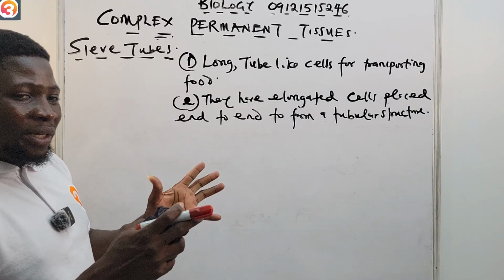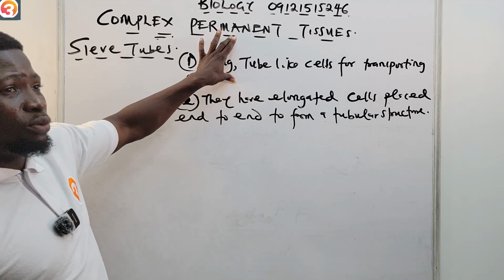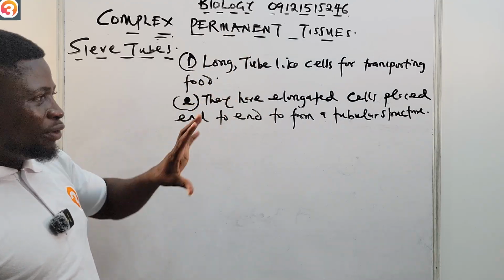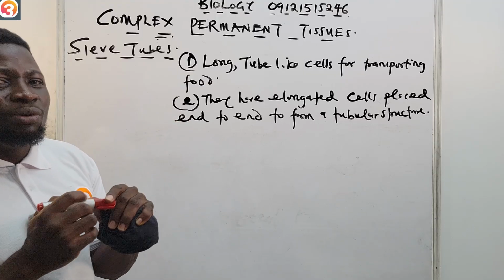Number 2, they have elongated cells. Know what elongated means. They have elongated cells placed end to end to form a tubular structure. This is another characteristic of the sieve tubes, almost a sequel to the first one: elongated cells placed end to end to form a tubular structure.